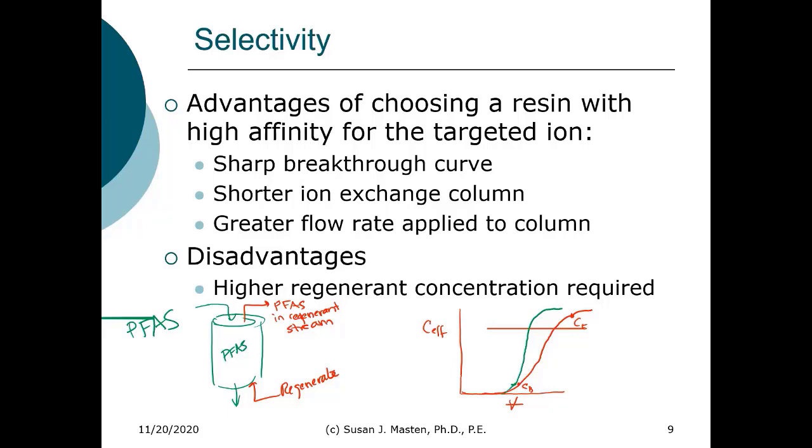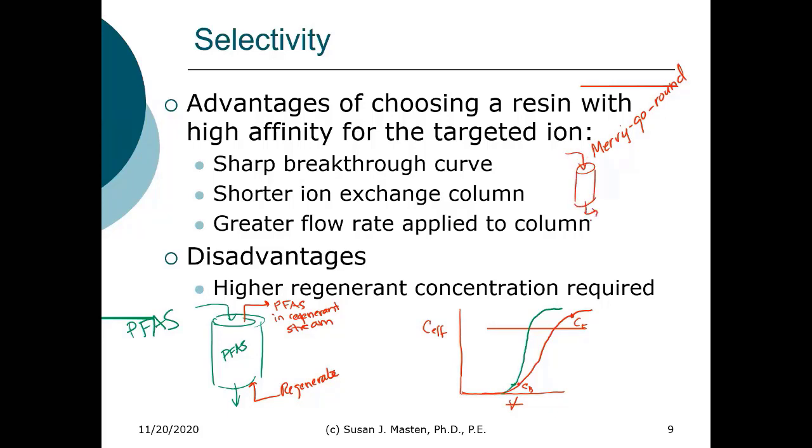So with radionuclides, and we could look at the same type of approach with PFAS, what we use is this merry-go-round system. So we have column 1 here. We load up column 1. We run that not to breakthrough, but we run that to exhaustion.